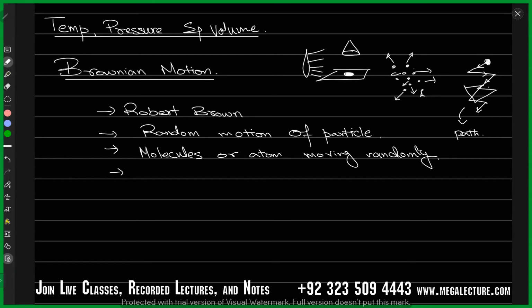They move randomly because they are going to collide with other gas molecules or light particles, right? So because of collisions with the same particles or light, that's why they're moving randomly.